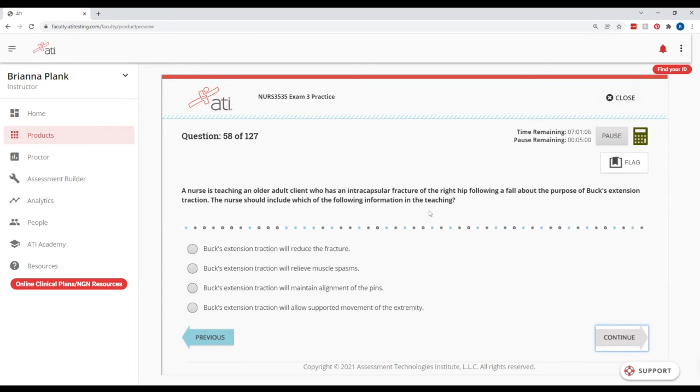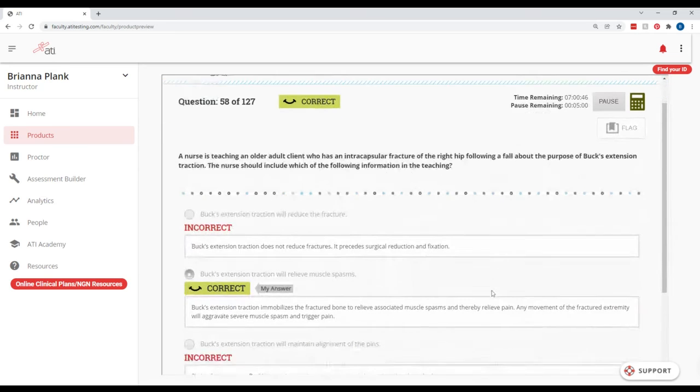Okay, we have an intracapsular fracture of the right hip, and we want to teach about Buck's traction. What do we want to teach about Buck's traction? B. Yes.